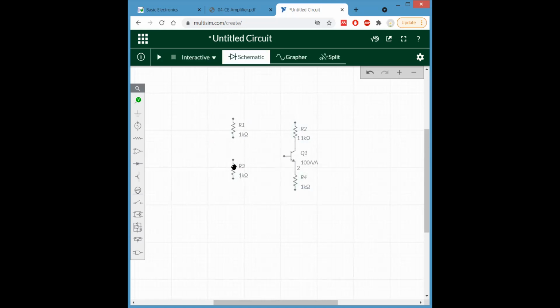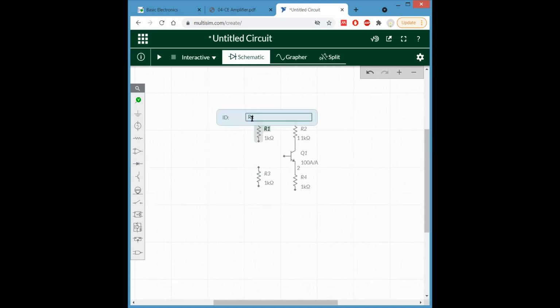So now let me connect them. In this case R1 and R3 are the base resistors, which were mentioned over there. Let me rename them accordingly.